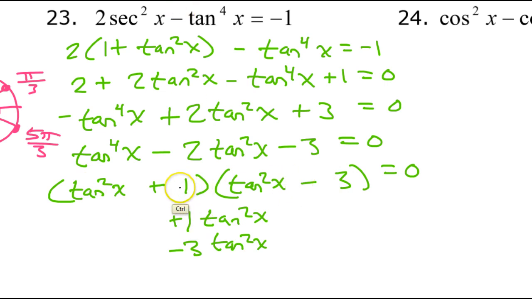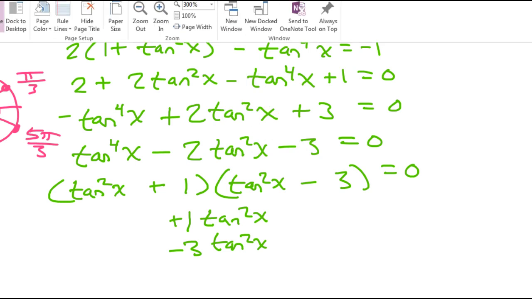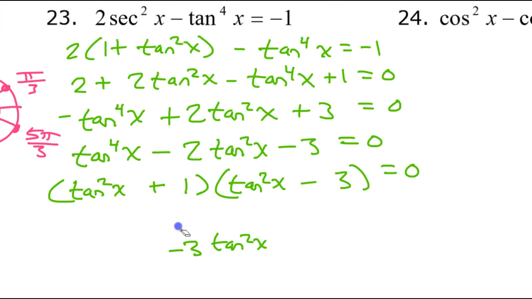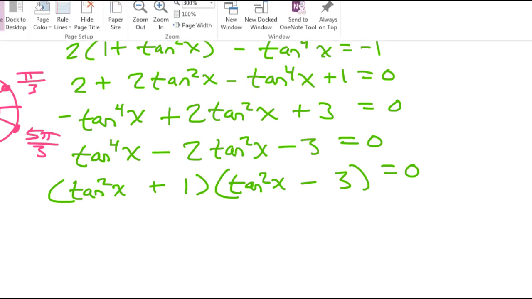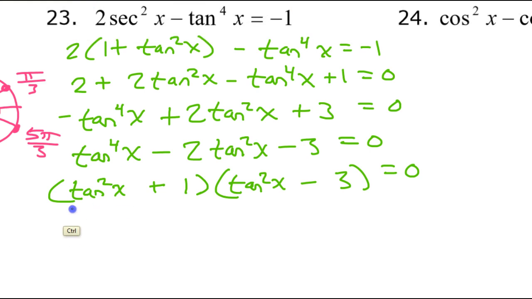Okay, double check one last thing. +1 times -3 is -3. Great. So we factored it correctly. Now we can use the zero product property to set these equal to 0 to find the solutions. So tangent squared x plus 1 equals 0.